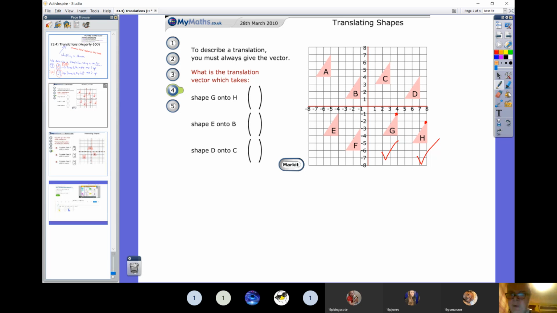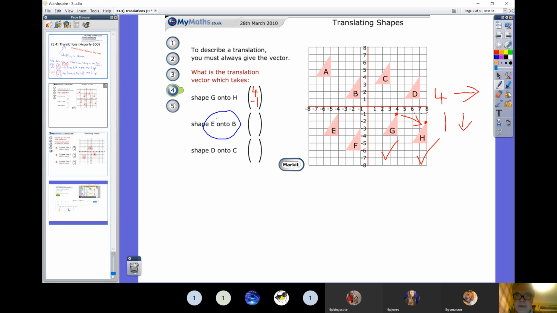So I'm going 4 squares to the right, and then I'm going 1 square down. As I go from G to H, I'm going 4 to the right, 1, 2, 3, 4, and 1 square down. So how do I write that as a vector? It's 4 to the right and 1 down. Now, how do I go from E to B?